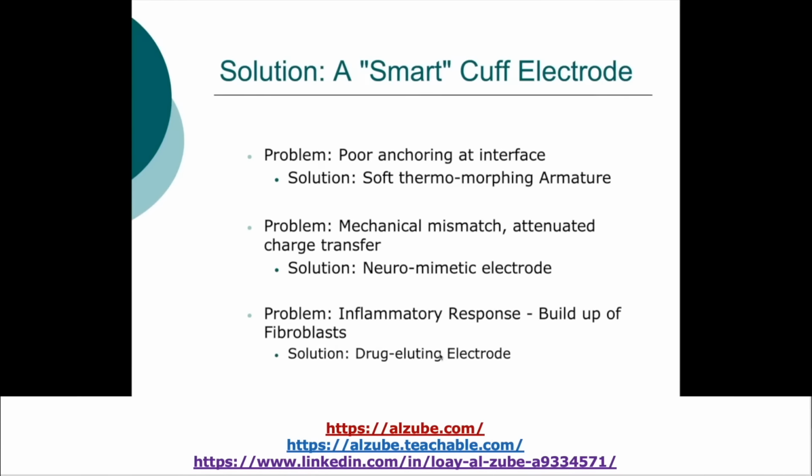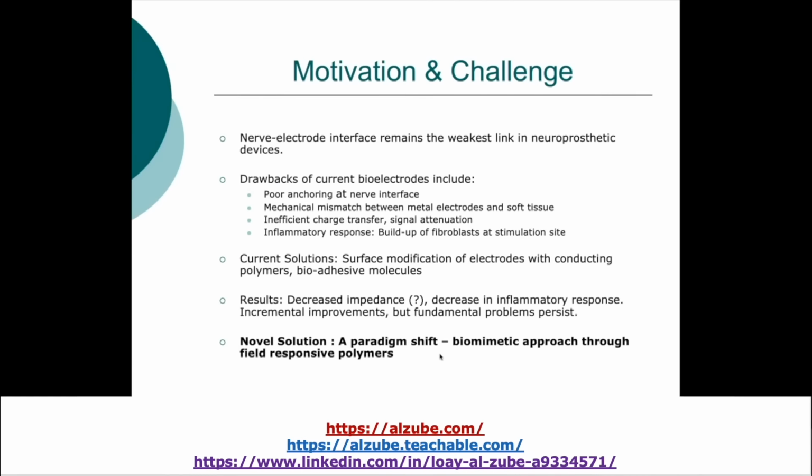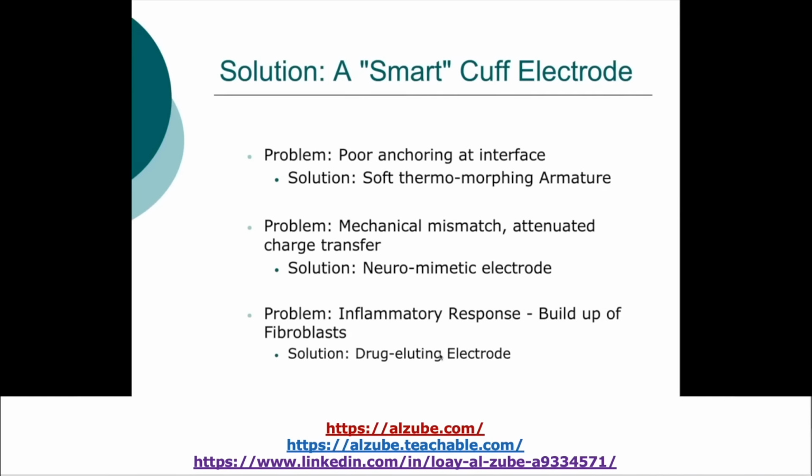We have something called smart cuff electrodes. Remember that we would like to have a polymer that possesses ion exchange capabilities and has some adhesive criteria, especially adhesion, which means that you have a polymer that can attach to a neuron. One of these is called the smart cuff electrode.